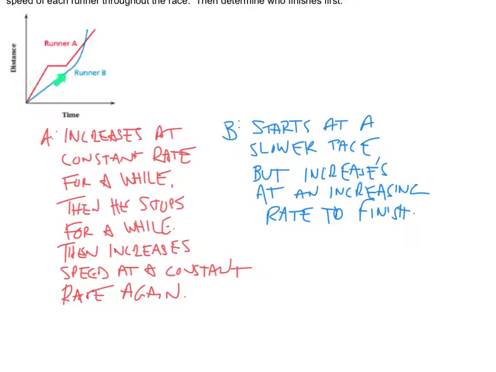But at some point, runner B, so notice how this thing is curving. Runner B, who was going at this speed, all of a sudden is now going at a much faster speed. We call this an increasing rate. So if you think about it, the slope here starts becoming sharper and sharper and sharper, and because it's a changing slope, it's called increasing rate.